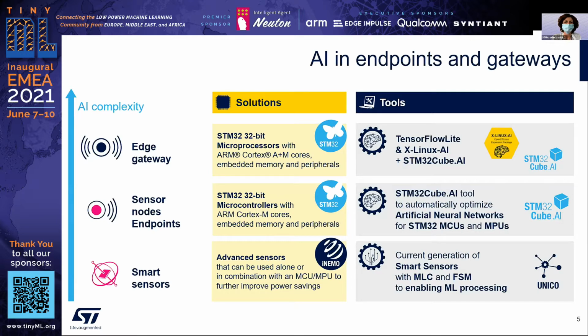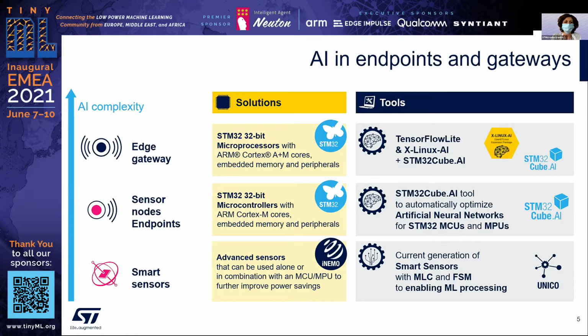Here, what ST can offer in the market is a family of sensors where inside there is the possibility to run, in a machine learning core combined with a finite state machine, some machine learning processing. In particular, all these algorithms can be implemented using a tool named Unico.